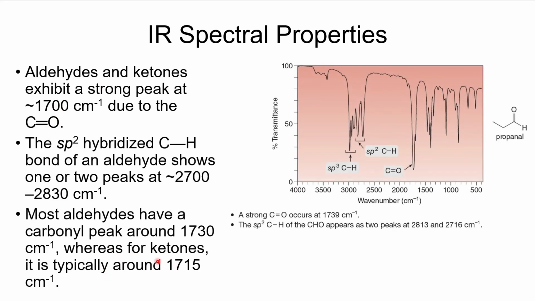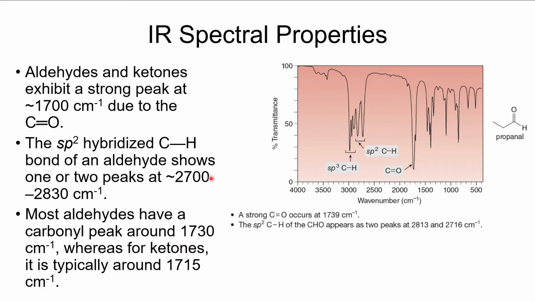So aldehydes usually have the carbonyl peak at about 1730, whereas for ketones, it's at about 1715. So it is difficult to distinguish which one is an aldehyde and a ketone solely based on that carbonyl peak. So I wouldn't rule out a possibility just based on the one peak.